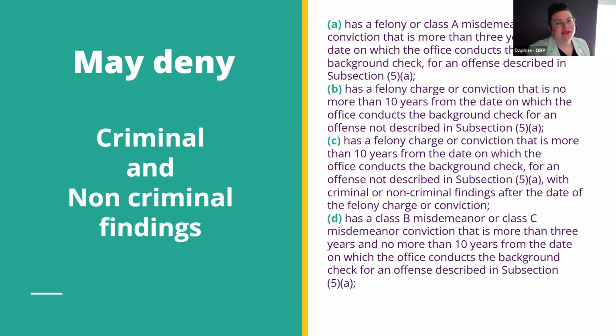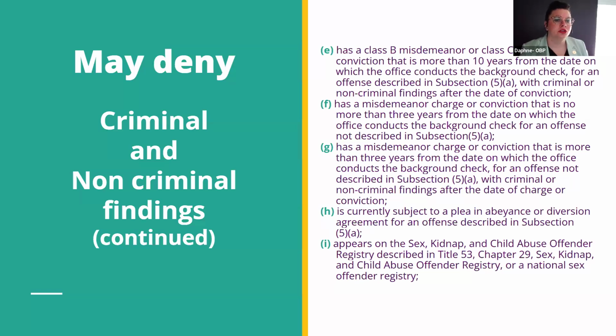Those are other offenses as well that have occurred in more recent time periods, like felonies within the last 10 years, misdemeanors within the last 3 years. Just those things where it hasn't been isolated and they've been receiving multiple charges or convictions.